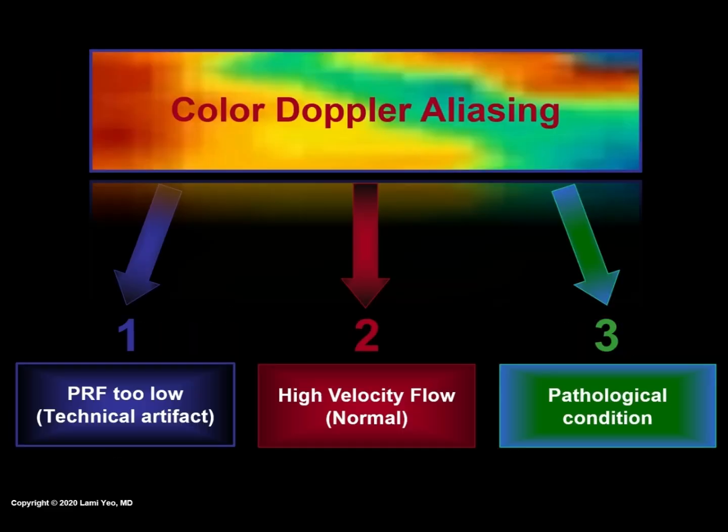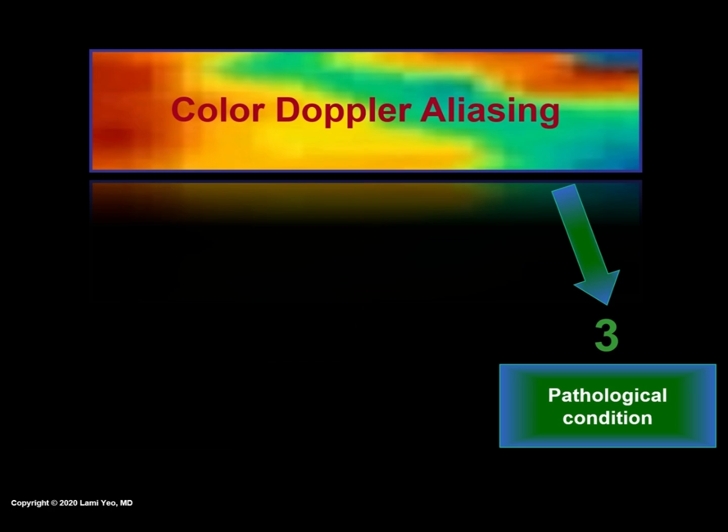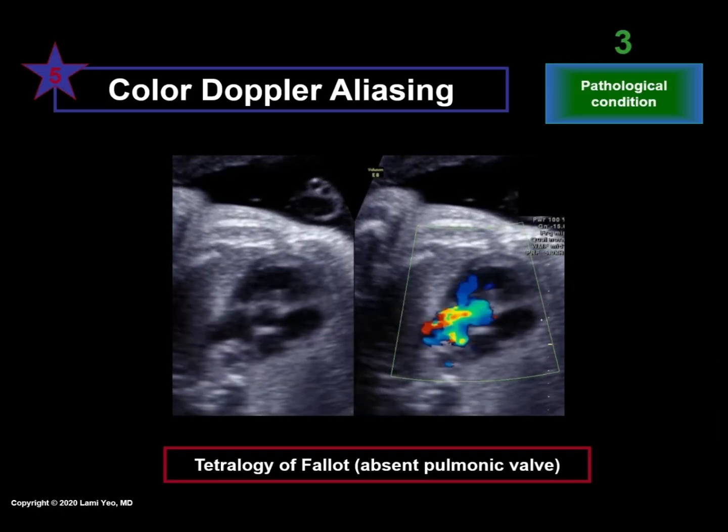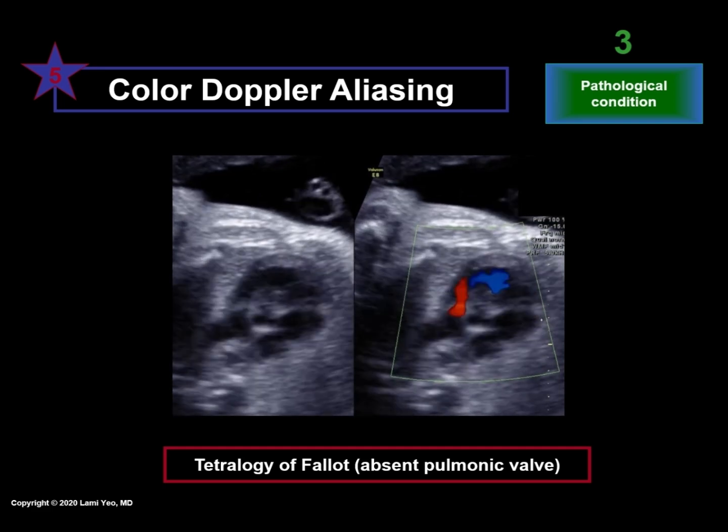We will now look at examples of aliasing occurring in pathological conditions due to abnormally high velocity blood flow in the fetal heart. For example, when aliasing is present in a vessel that normally does not show this, a cardiac abnormality may be present. Here is a fetus with tetralogy of Fallot and absent pulmonic valve.